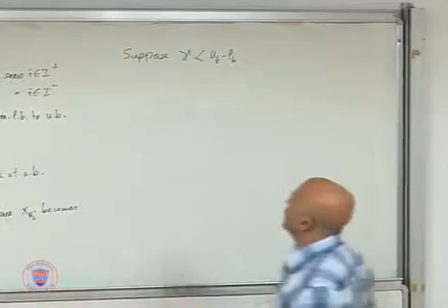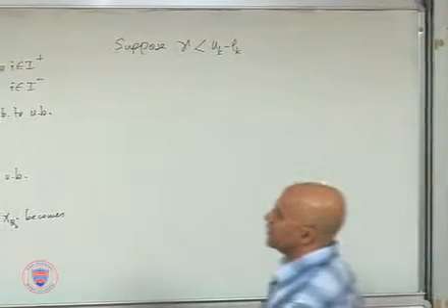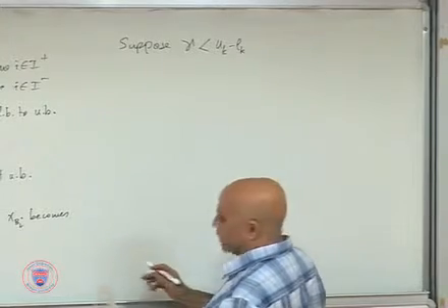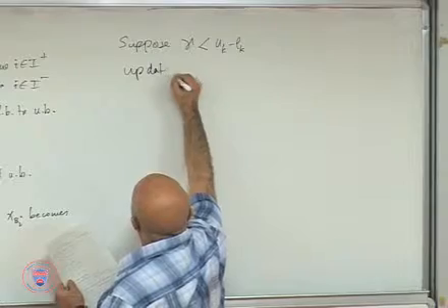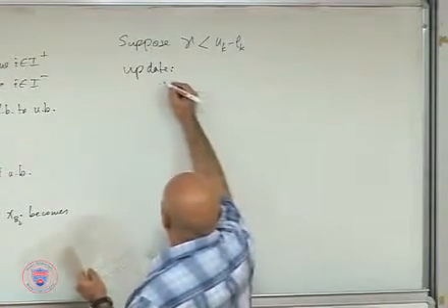So let's assume gamma is less than UK minus LK. It's realized by either gamma 1 or gamma 2. And we update the variables.